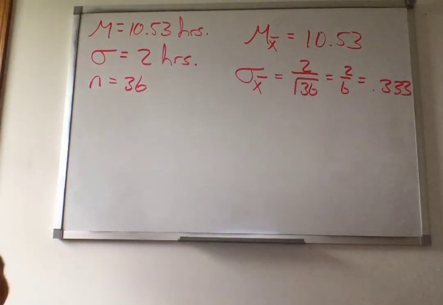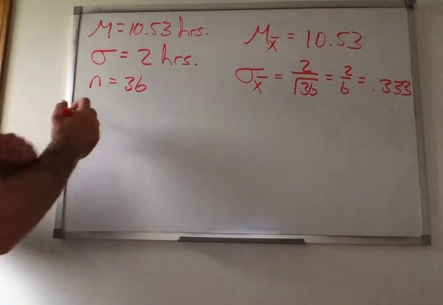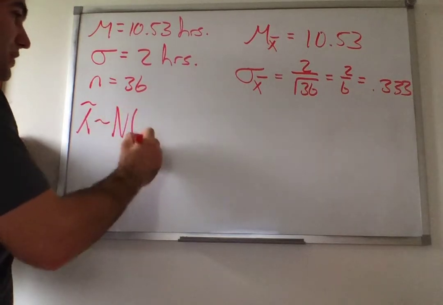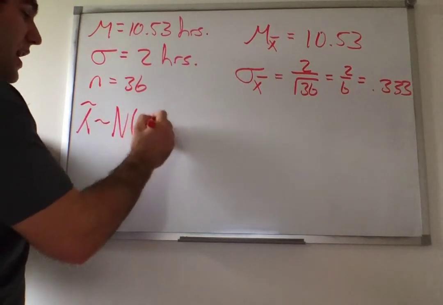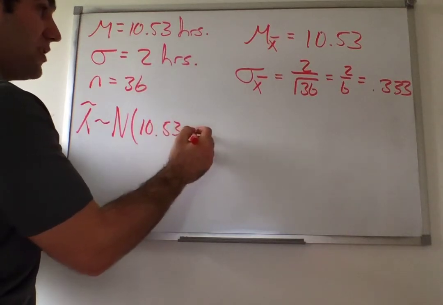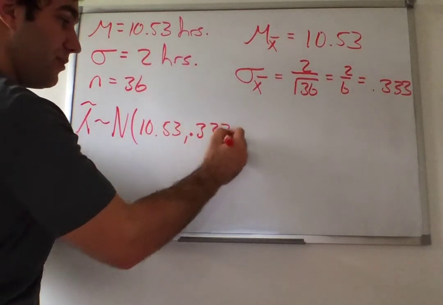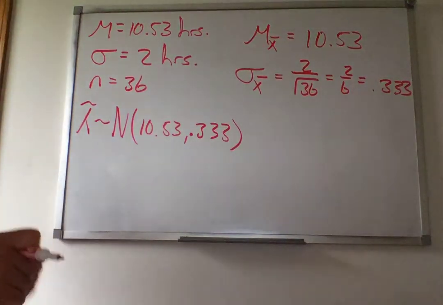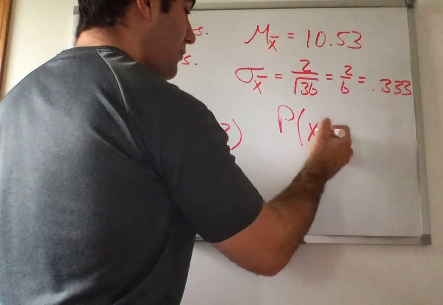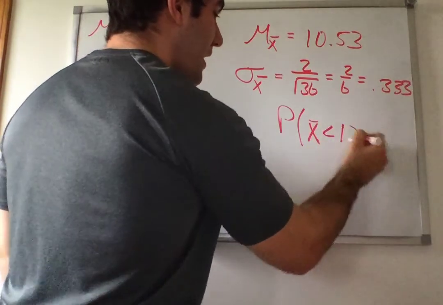Okay. So now we could say that our sampling distribution is approximately normal, with an average of 10.53 hours and a standard deviation of 0.333 hours. And we want to find the probability that the average is less than 10 hours.